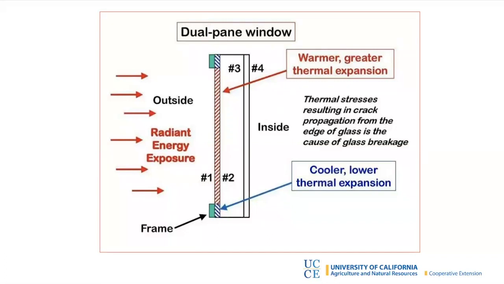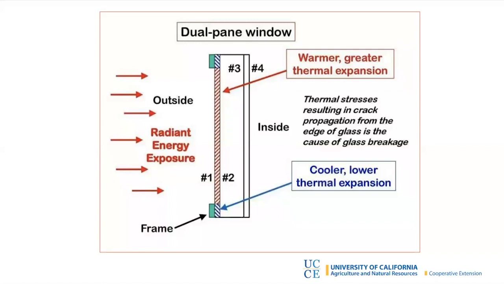So one pane of glass has number 1 and number 2, and the other pane of glass has number 3 and number 4 surfaces. So that's what that number 1 through 4 is all about. And then if we can imagine whatever framing material you're using, that's the green part.